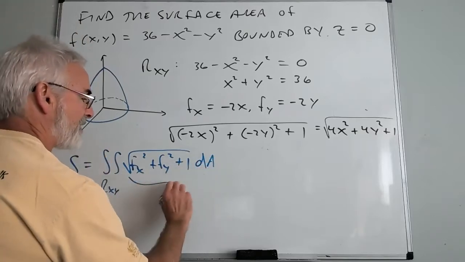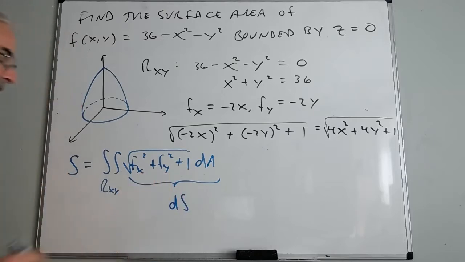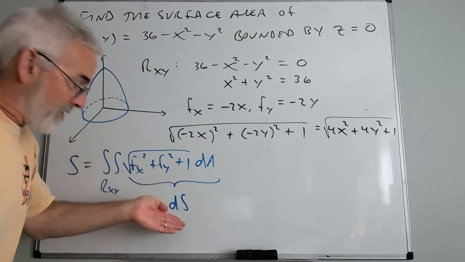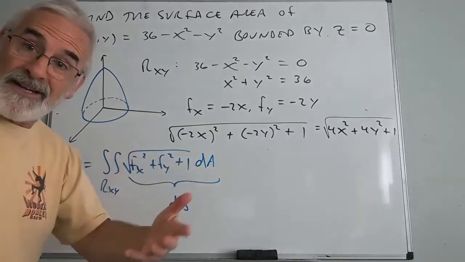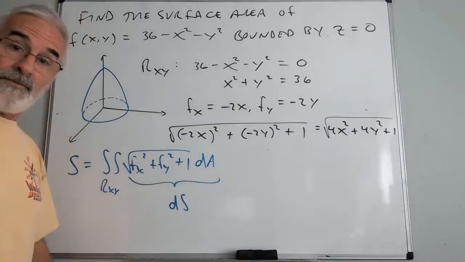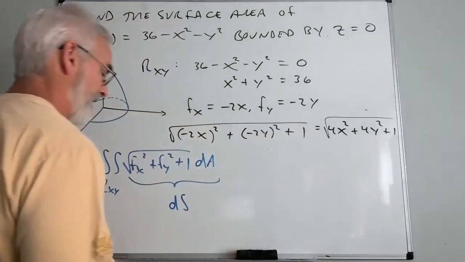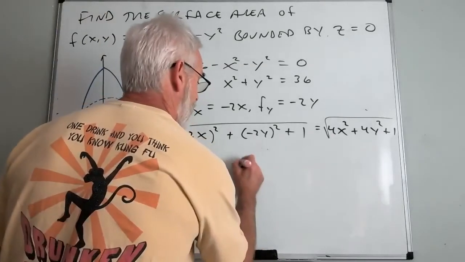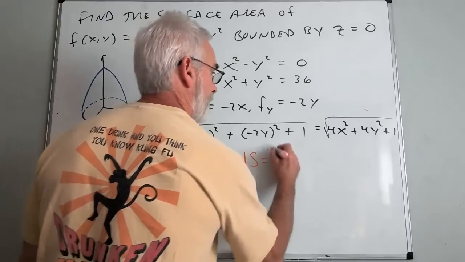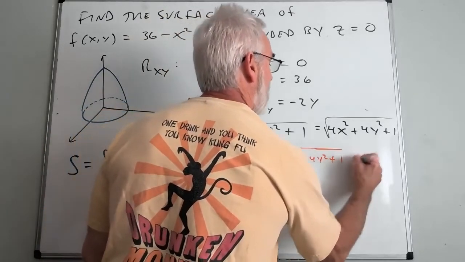We call this entire quantity here ds. It's ds because I'm integrating dA, just like dx and dy refer to the area. They're the pieces we use. So this quantity is generally referred to as ds. If asked what the surface area parameter is in this problem, you would say ds equals the square root of 4x squared plus 4y squared plus 1 dA.